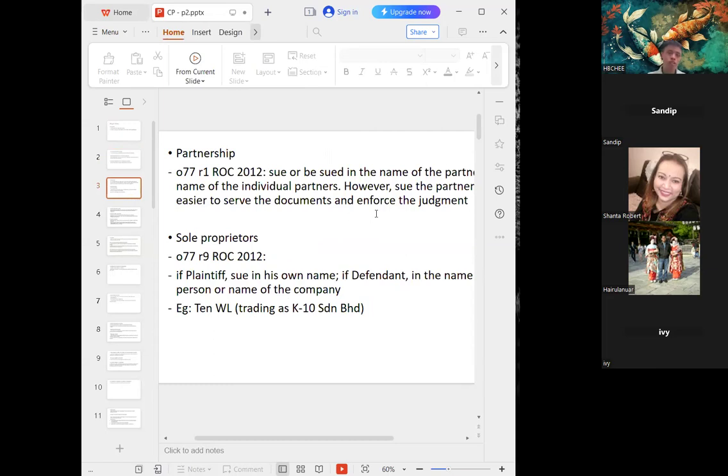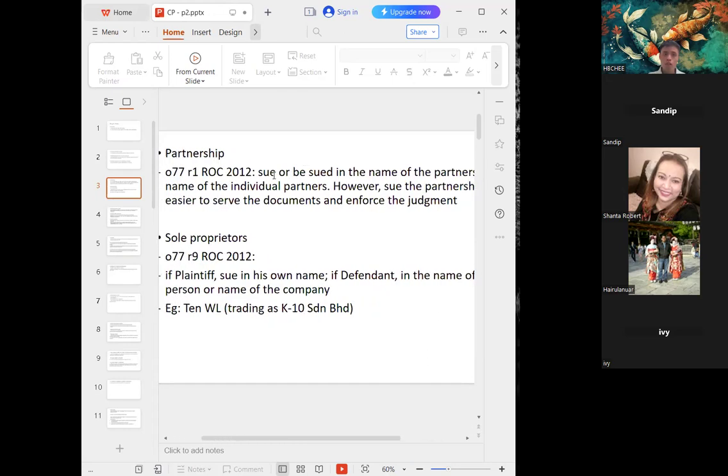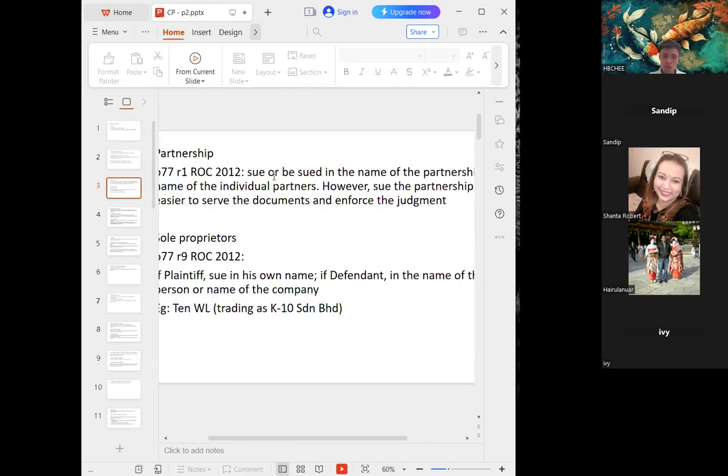Okay. In case there is a partnership, the partnership means that there is more than one person forming a business. A very common example is a clinic or a law firm, because these are managed by more than one partner, so there is a partnership. You must sue or be sued in the name of the partnership, or the individual partner, sorry.